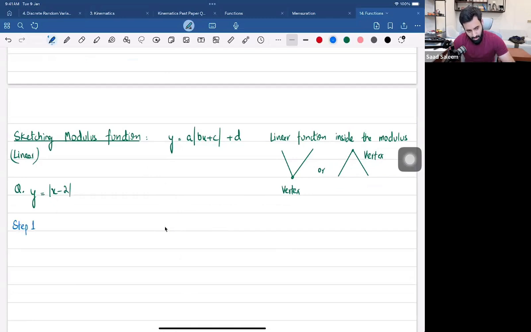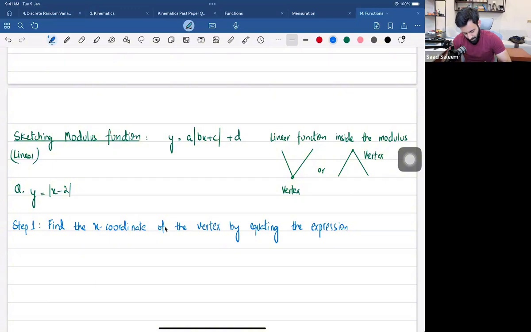Step 1 is that we find the x coordinate of the vertex by equating the expression inside the modulus to 0.